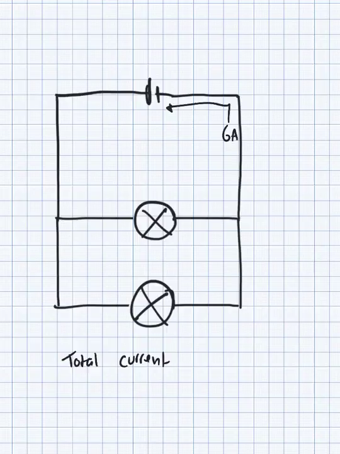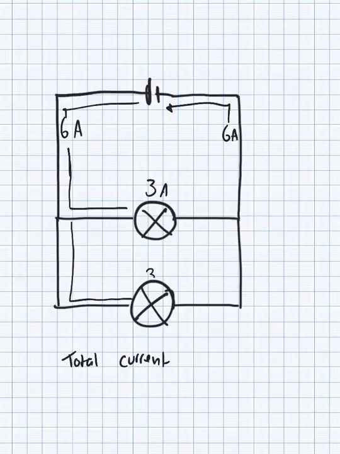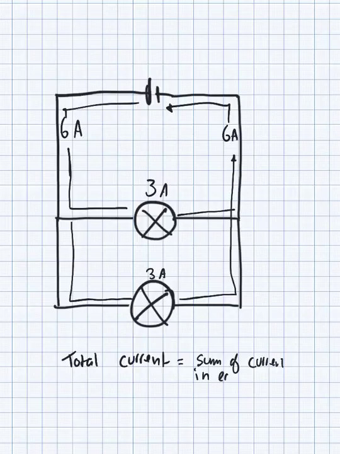If that was 6 amps going out of the cell, and we had 6 amps coming back, it'd come down and branch off, which would mean that this would then split up, and each of these bulbs would get 3 amps, and then they'd join up again, and they'd equal the 6 amps again. So total current is the sum of current in each branch.